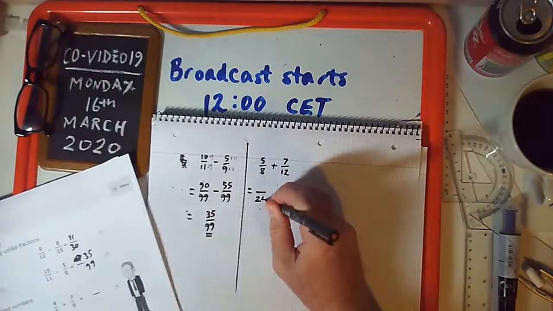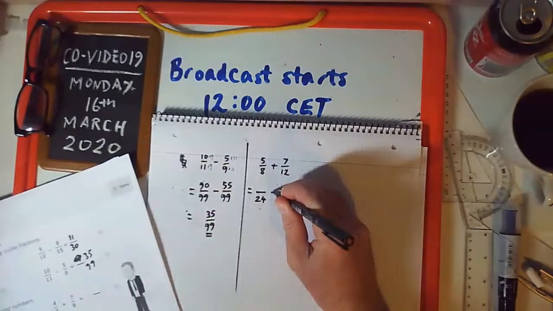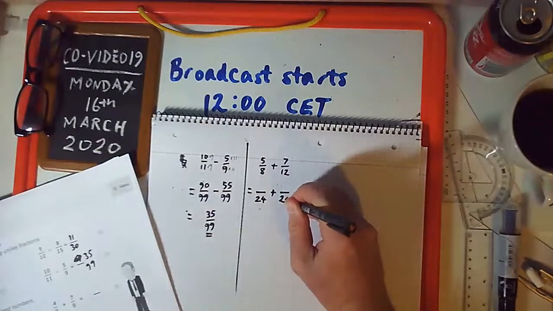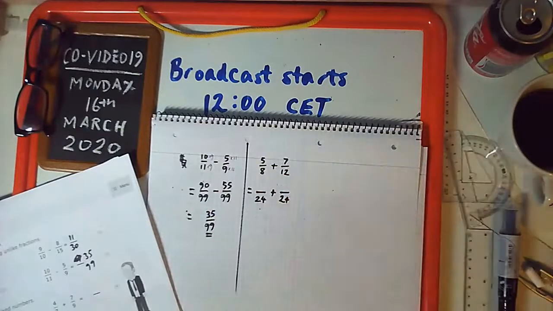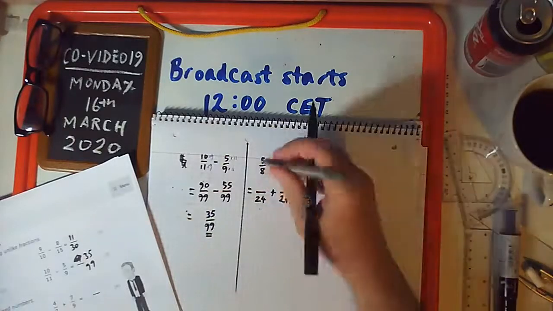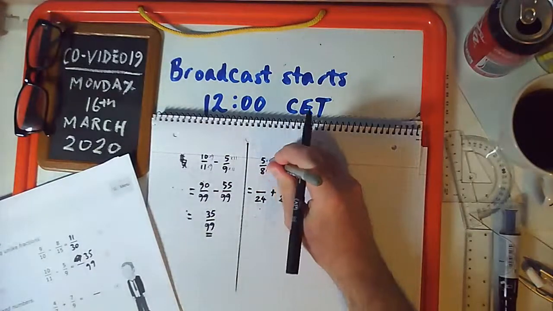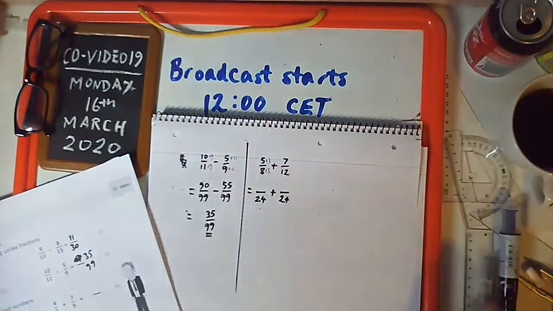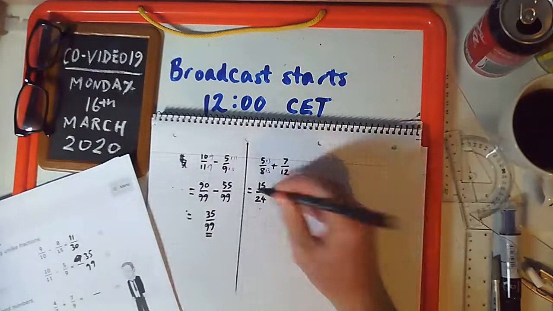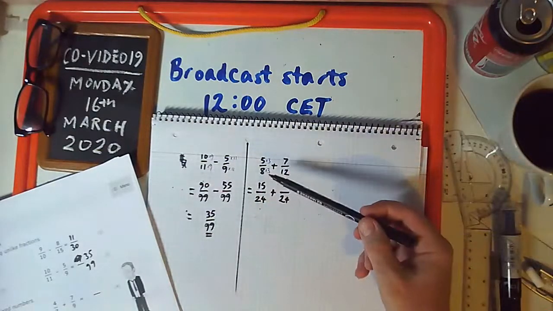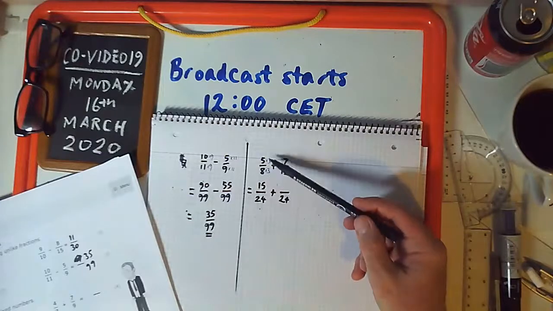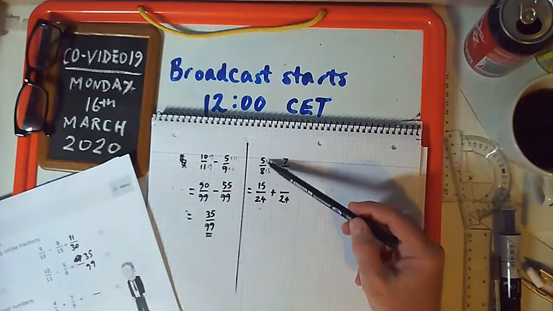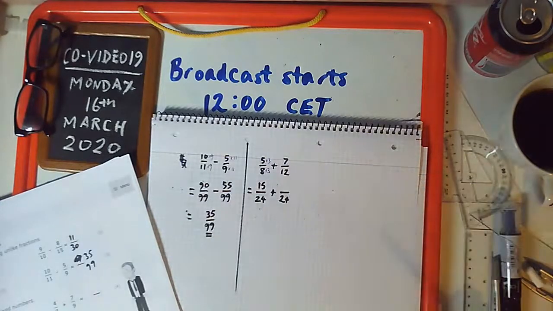So I should have remembered that that was going to be out of 24. So 5/8 times 3/3 makes 15/24.